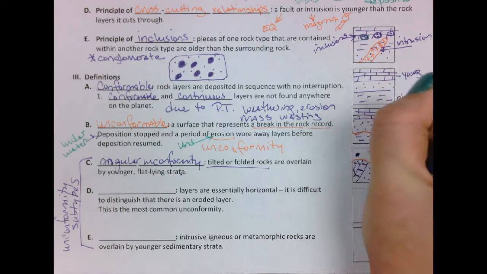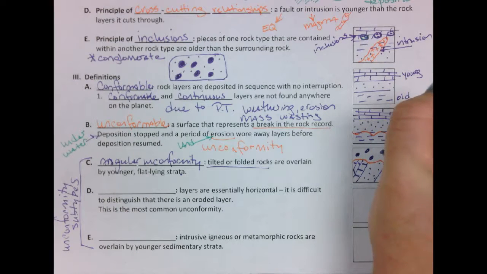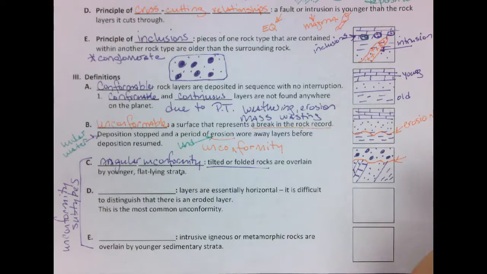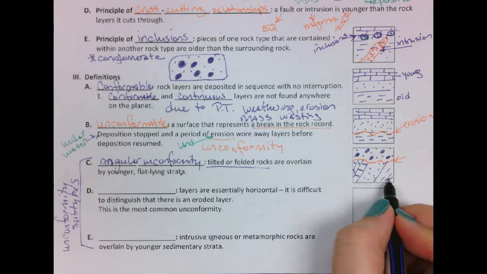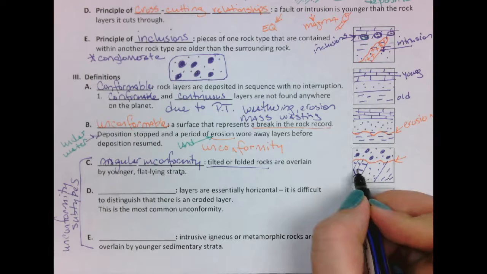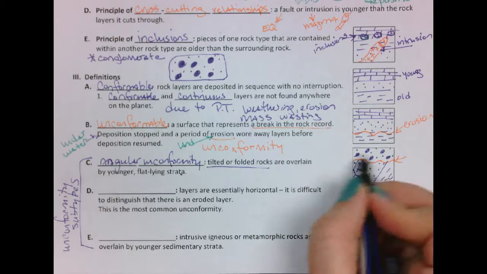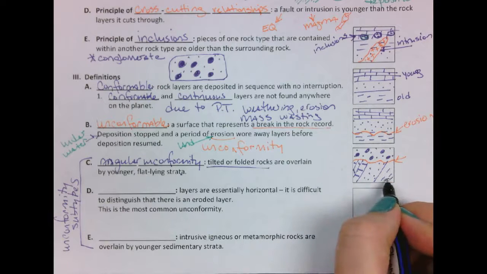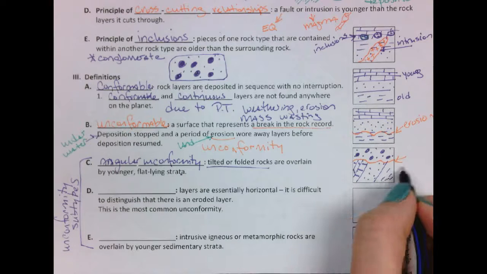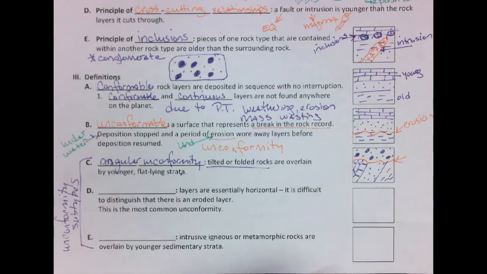And in this case, since I haven't used it yet, I'm going to use conglomerate. So the order here would be oldest is shale, then sandstone, then limestone. The whole thing got tilted due to the principle of original horizontality. Then erosion, and then the conglomerate forms.